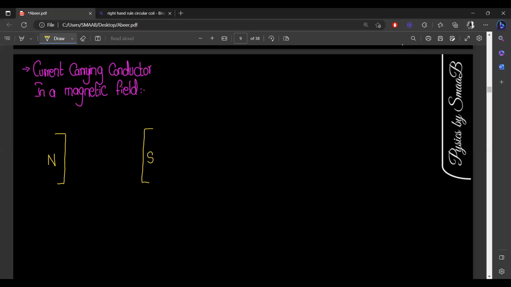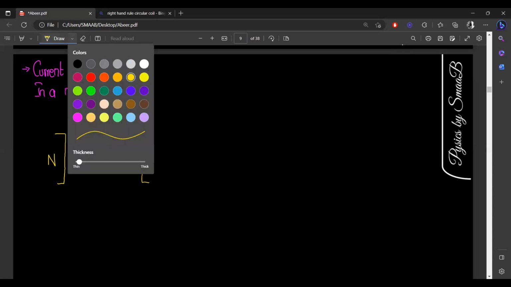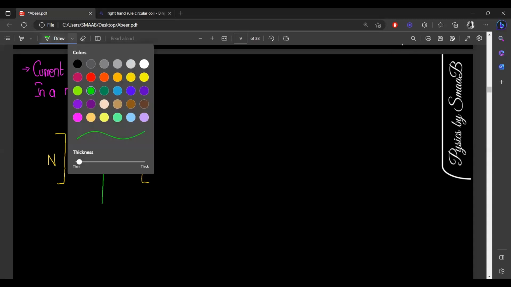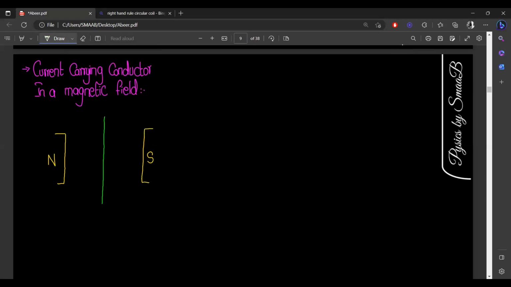And magnetic field will always flow from north to south. We already know about this concept. And the conductor is placed in the center. A straight conductor is placed in a magnetic field and current is moving in an upward direction initially, right? Okay. So now we have two quantities.